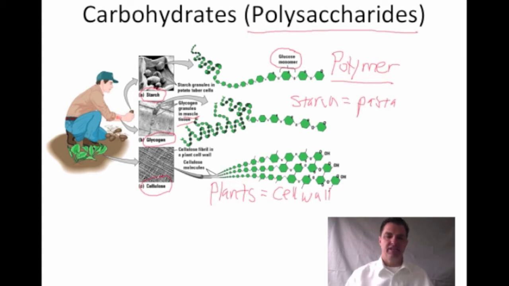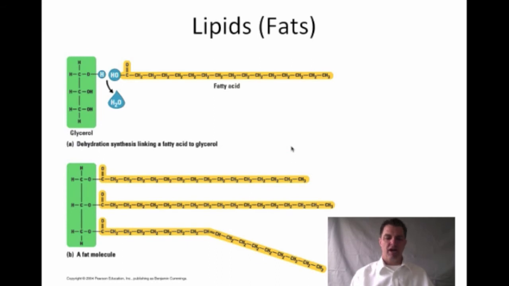And cellulose is a polysaccharide that humans have a very difficult time breaking down and digesting, which is one of the reasons why when people go on diets or they just try to eat healthier and get fewer calories, they eat a lot of plants, because as long as you eat green, leafy, cellulose-rich kinds of plants, it's very difficult to get a lot of calories out of those. Now, if you eat salad and you pour a bunch of oil and salad dressing on it, that becomes a different story.